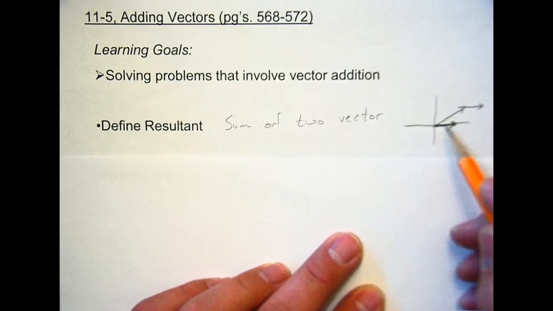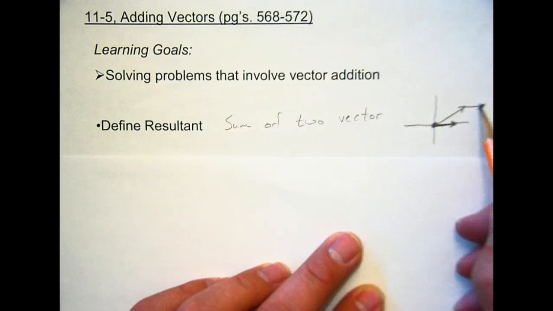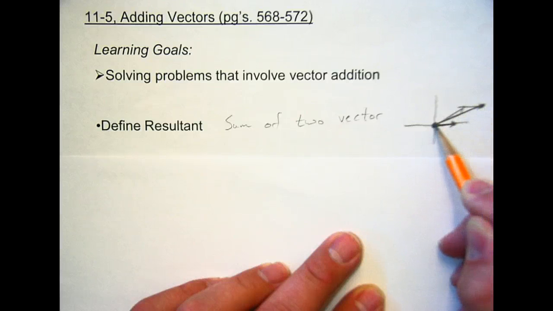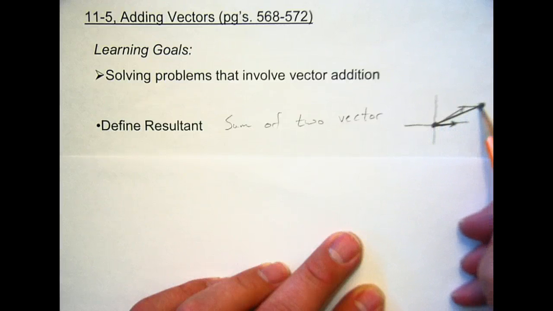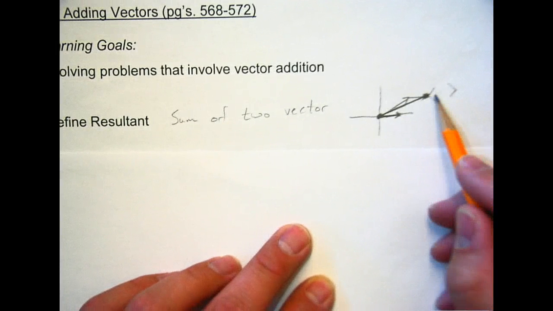If I found the distance from this point to that point, that line right there would be our resultant. That coordinate would be the location.